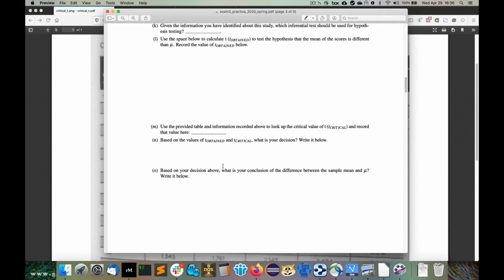We reject it, and that leaves us with the alternative hypothesis, which says that the mean of the sample that we gathered in this little study is significantly different from the mean of mu. So right here, what you're going to write is reject the null hypothesis.